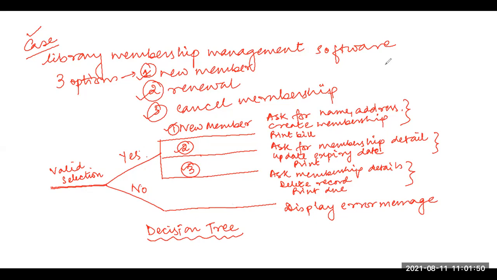So in the decision tree, the user selection is first checked, and based on whether the selection is valid or not, either further condition checking is undertaken or an error message is displayed. So this is the way you represent the decision tree.